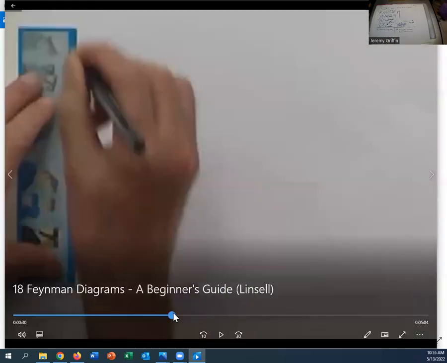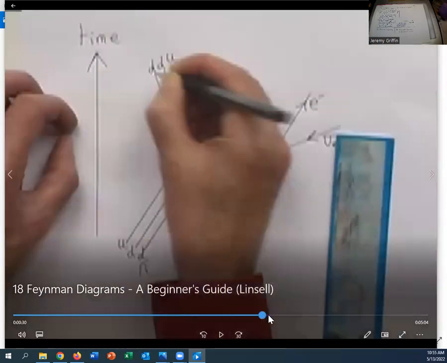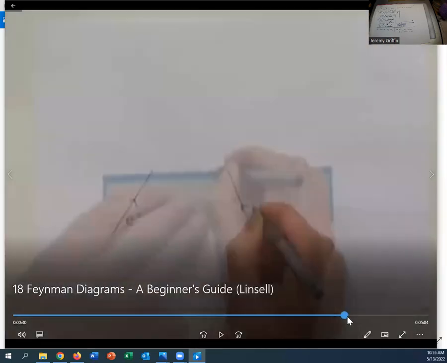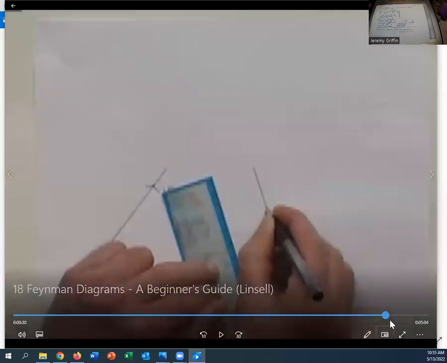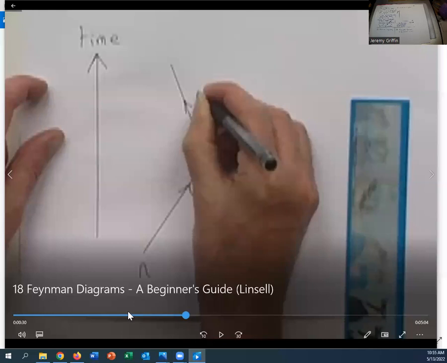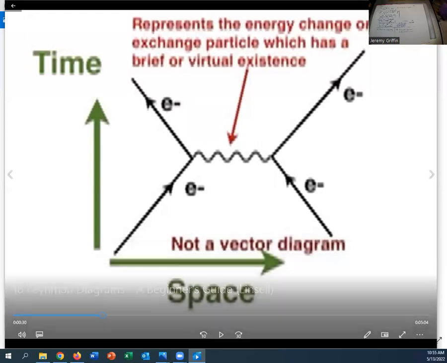Okay, so let's look at some other ones. Here are some other Feynman diagrams. I'll just show you some examples, naming them and giving you a story about what they're about. All right. There's a bunch of them right there. Let me go back to this one. I'm going to copy down that one because it looks like a pretty fundamental example.